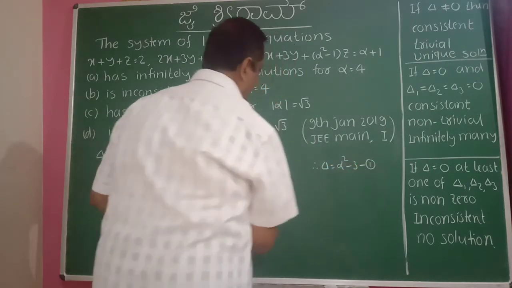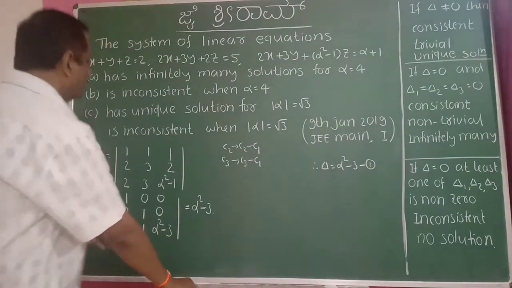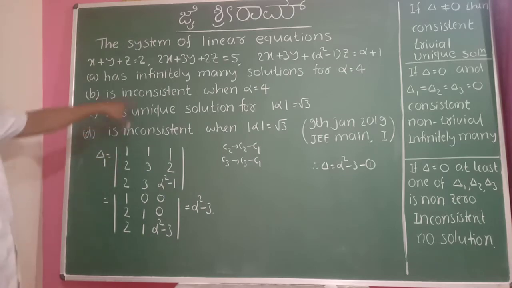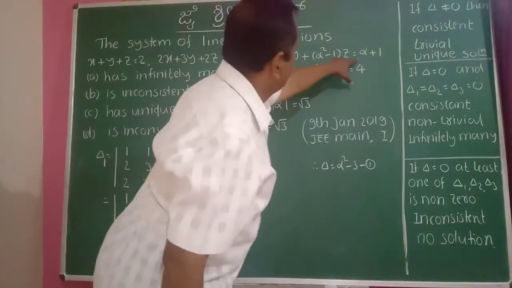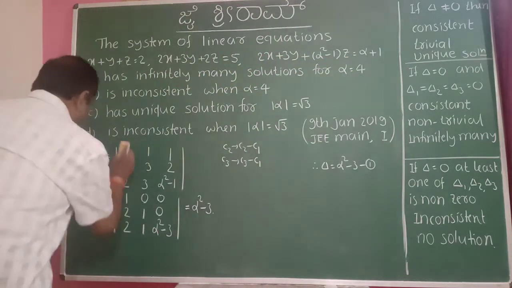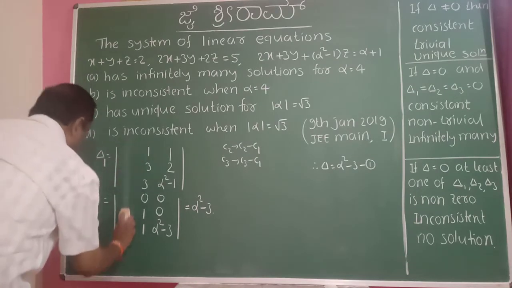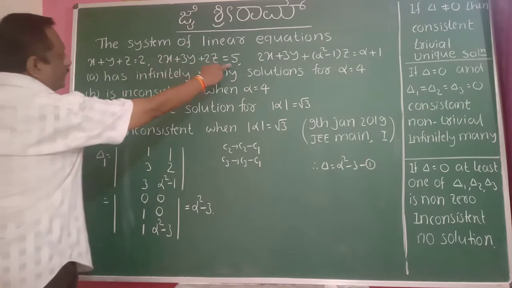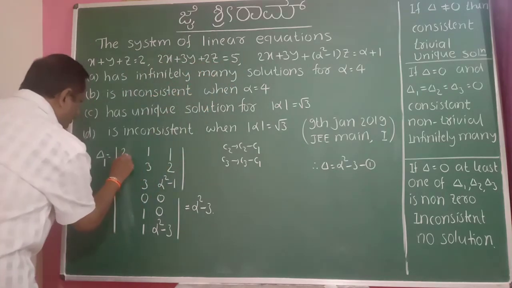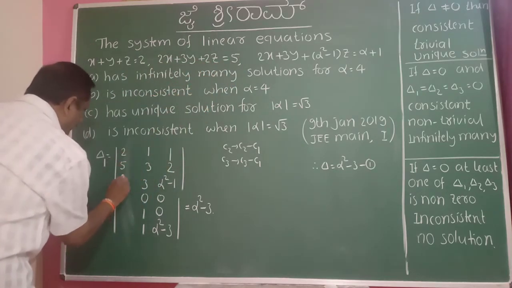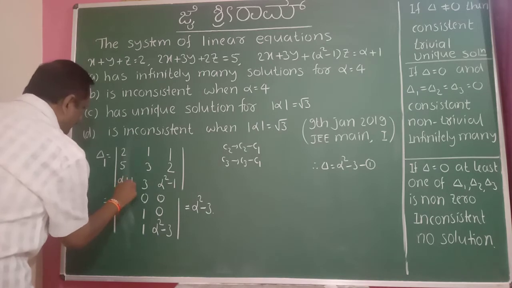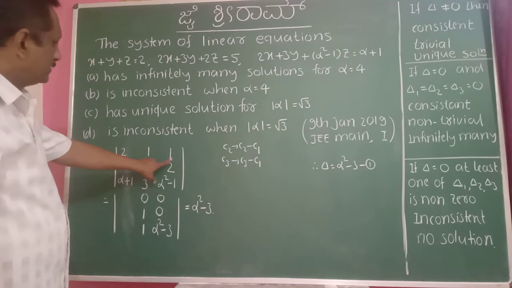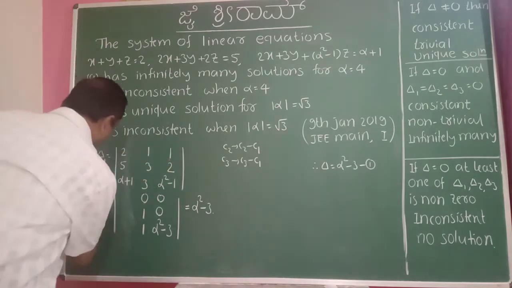Take the number 1 here. Next, I take delta 1. Delta 1 means replace the first column by 2, 5 and alpha plus 1. Now make this term 0, and this also 0.